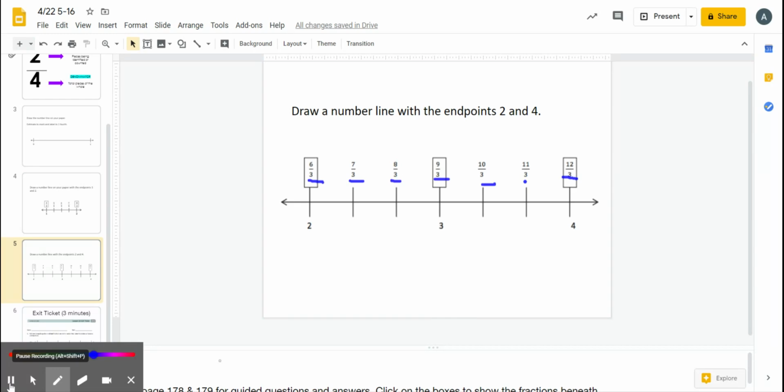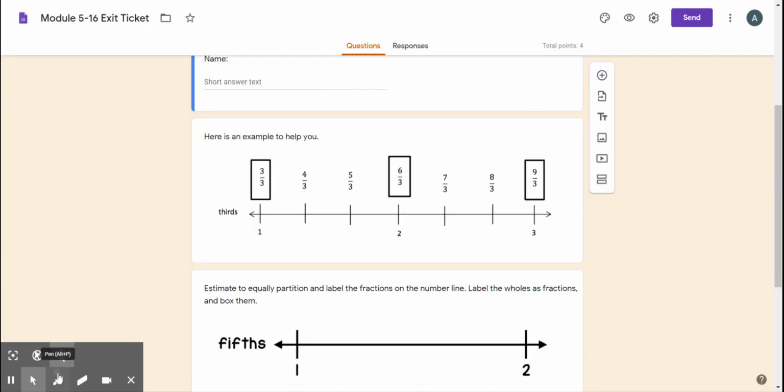Now, let's take a look at our exit ticket. Okay, so looking at the exit ticket, it gave us an example of the type of number lines that we just talked about. So this one starts with an endpoint of 1 and ends with an endpoint of 3. So our whole numbers are 1, 2, and 3.